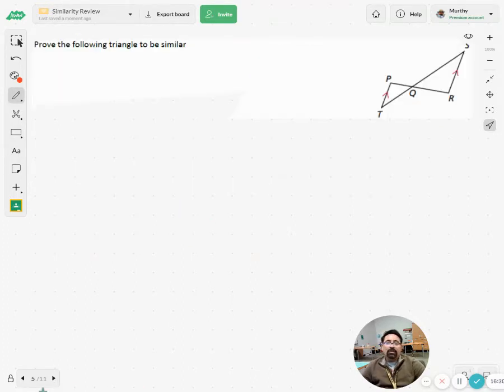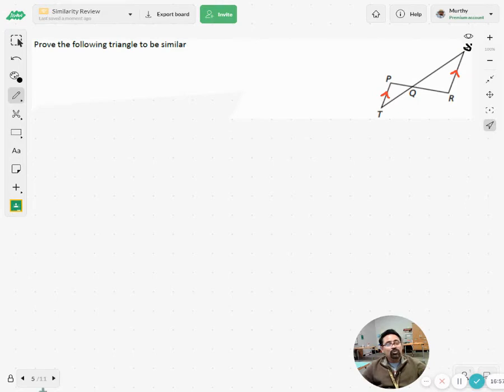Prove that the following triangles are similar. Here I see the two triangles. One is triangle PQT and the other one is QRS. Always identify the key information from the given question or the given diagram. I see that these two lines are marked with arrowheads.